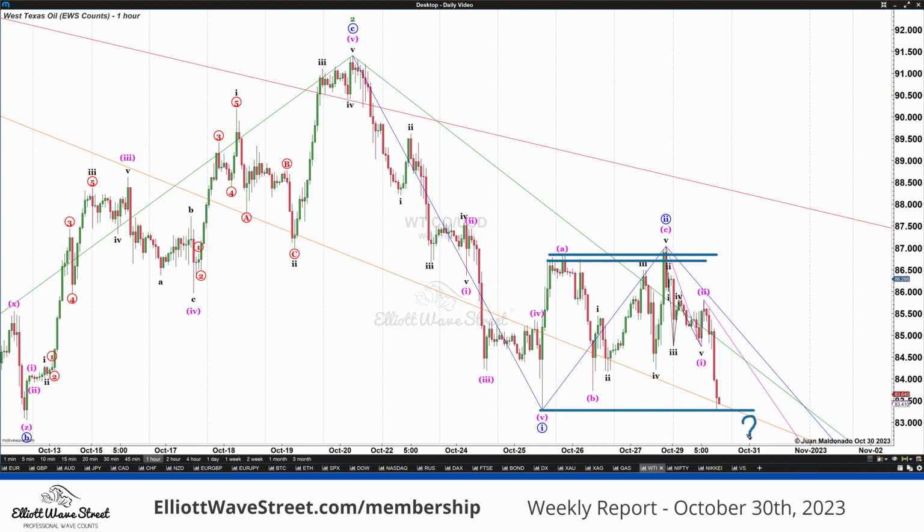The ideal, what I will be looking for as confirmation of my S&P plan, is a big sell-off on oil, the wave 3. Wave 1, 2, and 3, a huge wave 3. That's what I have been looking for on this oil setup.